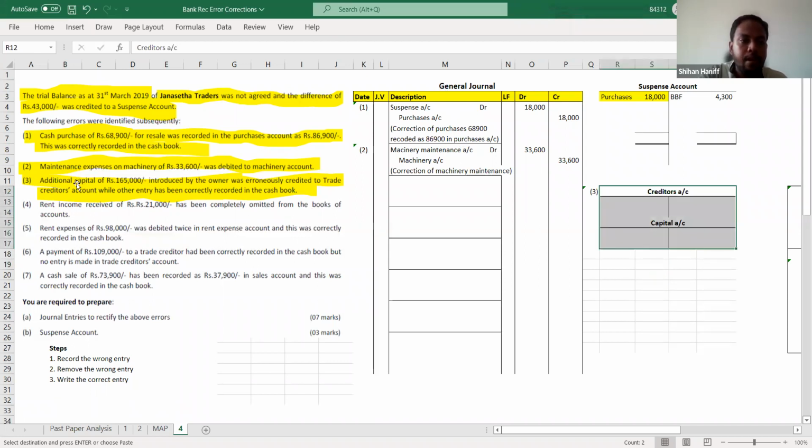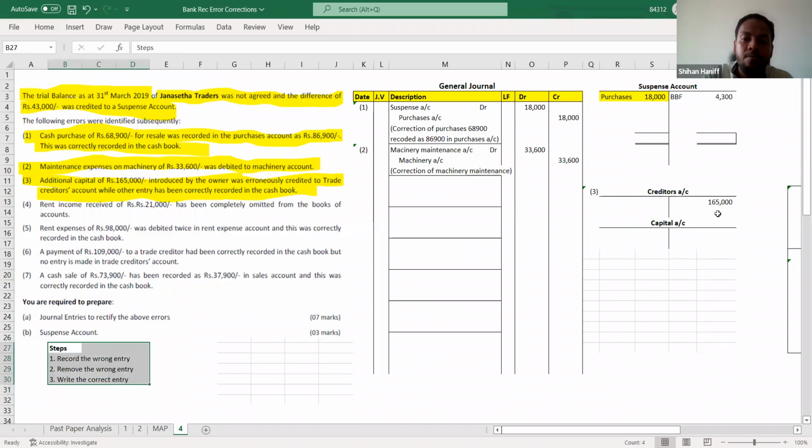All right. Additional capital 165 introduced by the owner was erroneously credited to trade creditors account. So here they have credited 165. It's not creditors, it is additional capital. So remove the wrong entry. Now follow the steps. Record. Now we did the wrong entry. Remove the wrong entry. How do you remove?